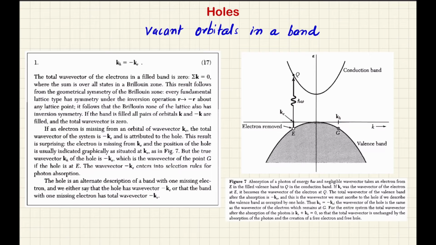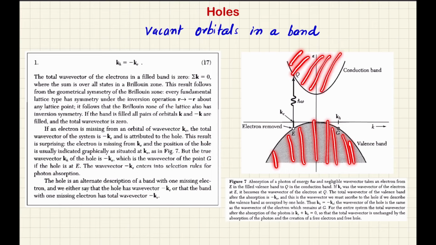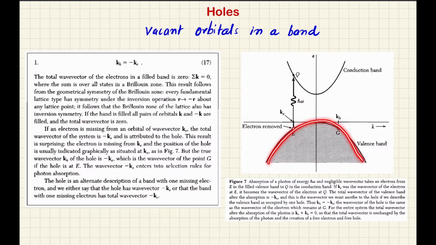And if a particular orbital is absent or vacant, then that is called a hole. Suppose an electron is missing in an orbital, suppose you take the valence band. So this is the valence band, and at the top you have a conduction band, and in the valence band, suppose one electron with the wave number ke is missing, or this electron absorbs a certain amount of energy from a photon, h cross omega, and moves to the conduction band.